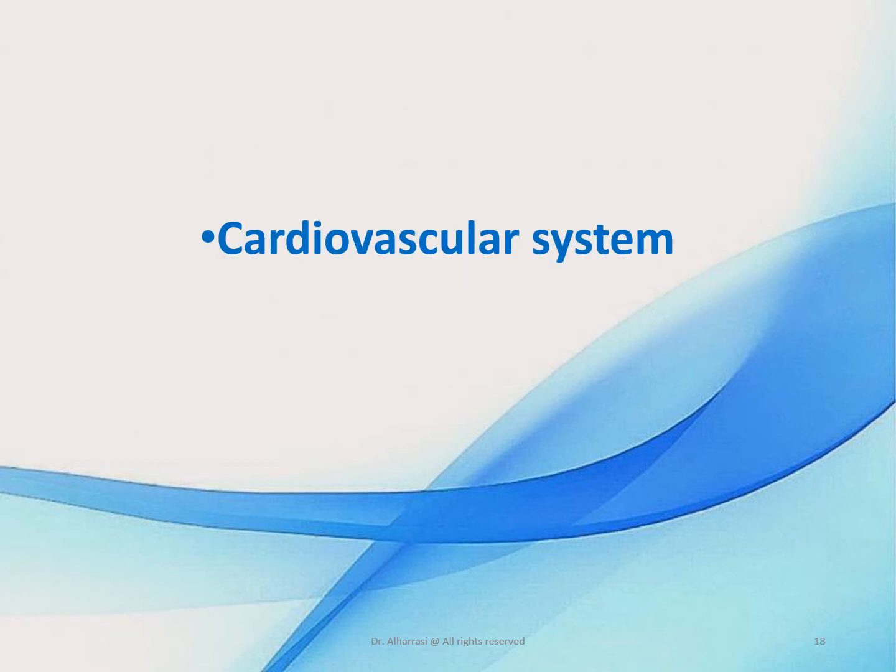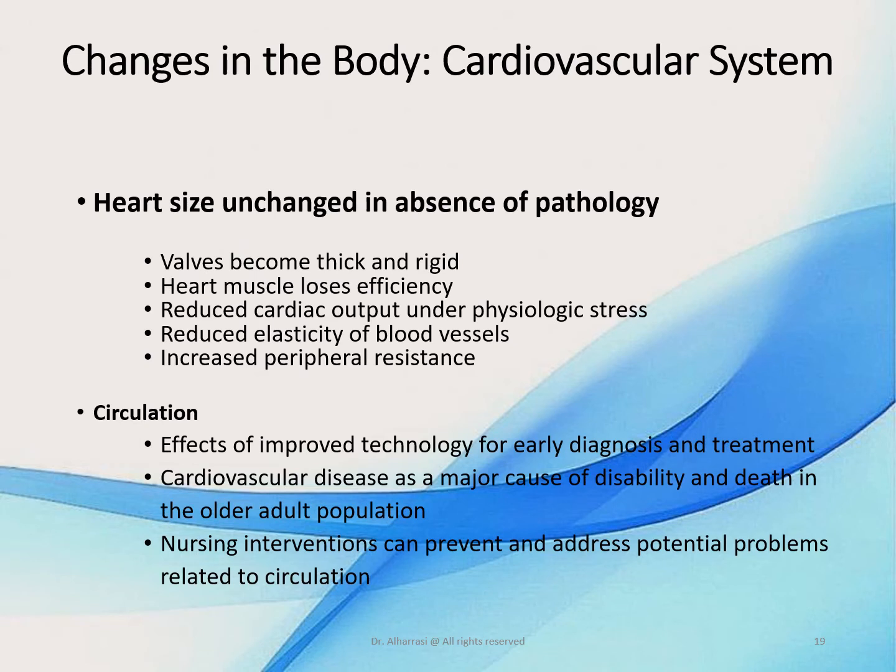Now let's move to the cardiovascular system, which is very much interlinked with the respiratory system. So what changes do we see in the cardiovascular system? Number one, the heart size is unchanged in the absence of pathology. Usually it doesn't change. However, there are a lot of issues that may affect the heart size.